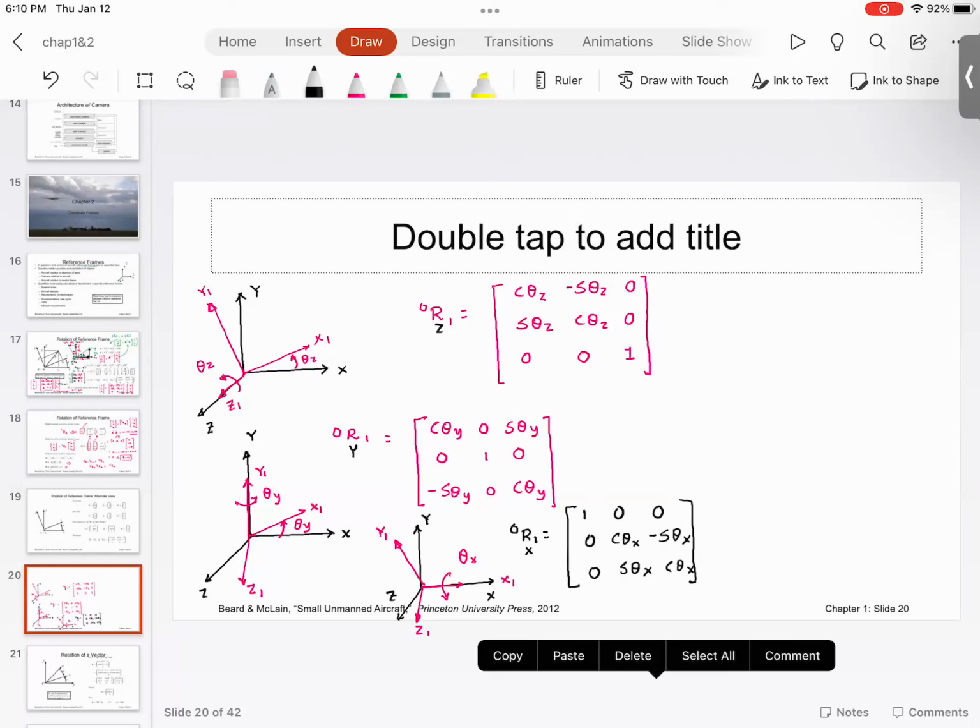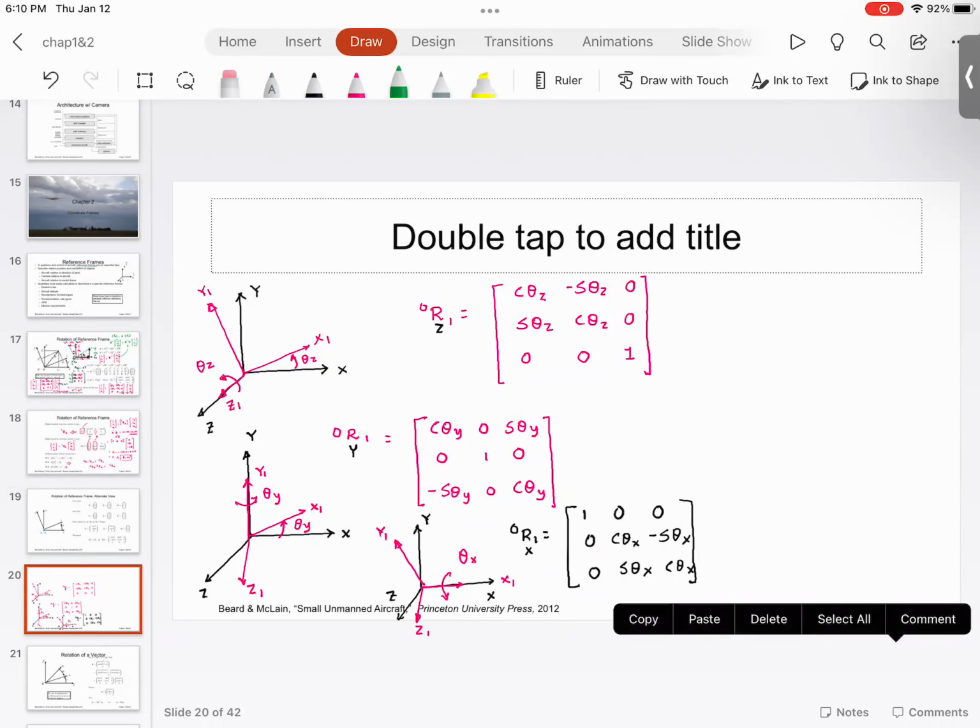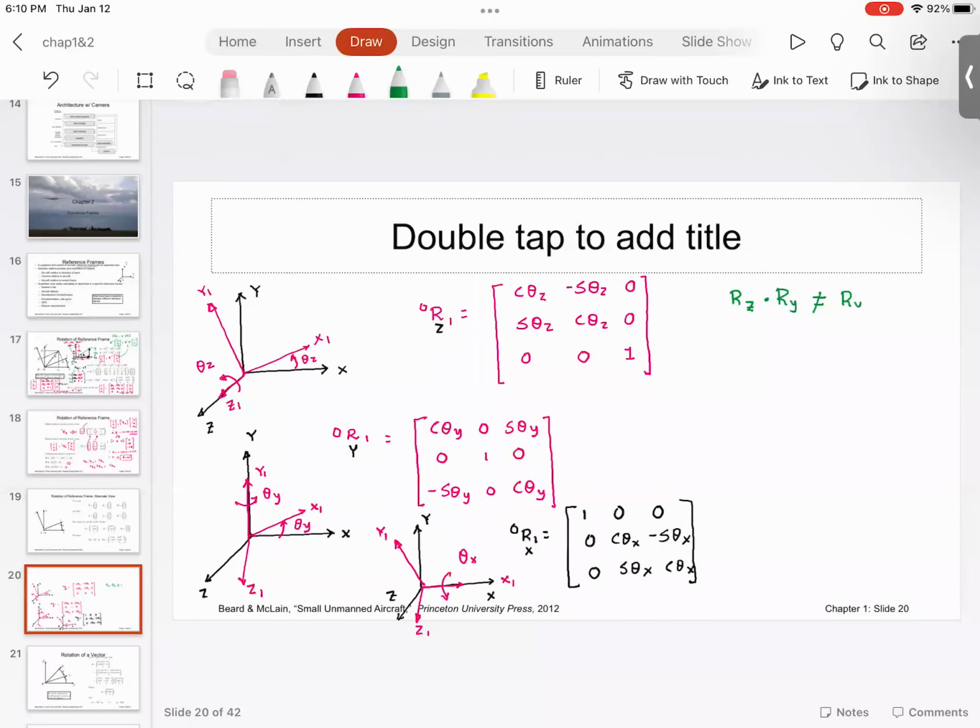So matrix multiplication is non-commutative. For the sake of clarity, let me say RZ multiplied by RY is not equal to RY multiplied by RZ.